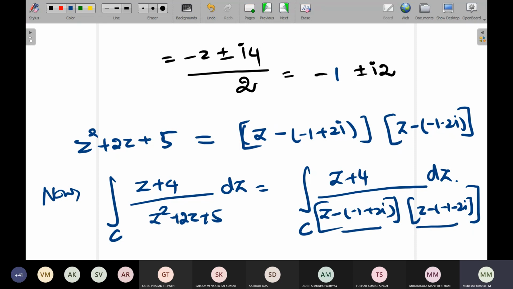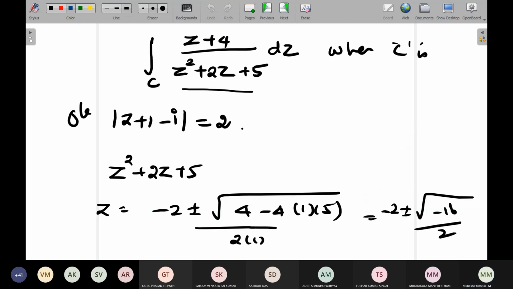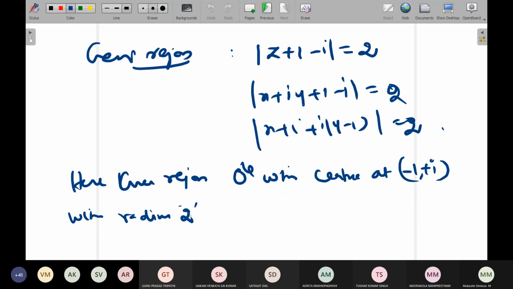Check and tell me which point lies inside the circle. What is z0 here? Minus 1 plus 2i, and minus 1 comma minus 2. So which will lie inside? Both of them will not lie here because the radius is 2. What's the center here? Minus 1 comma 1.